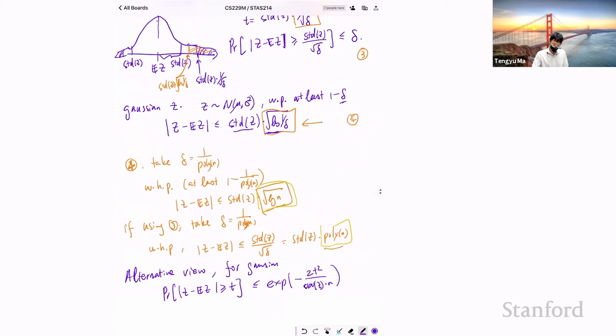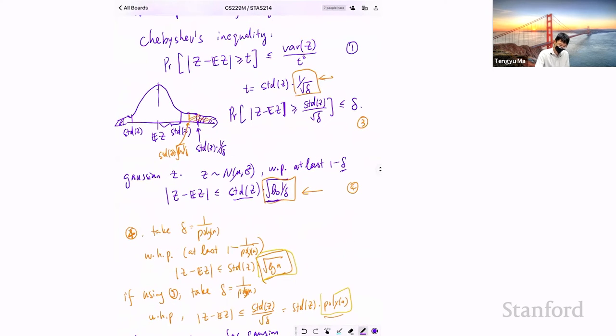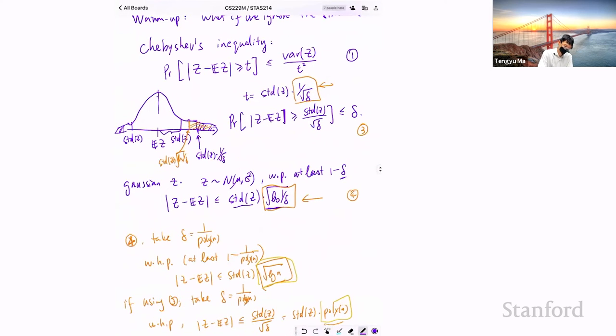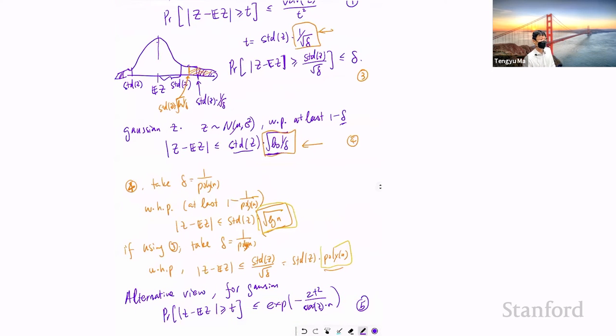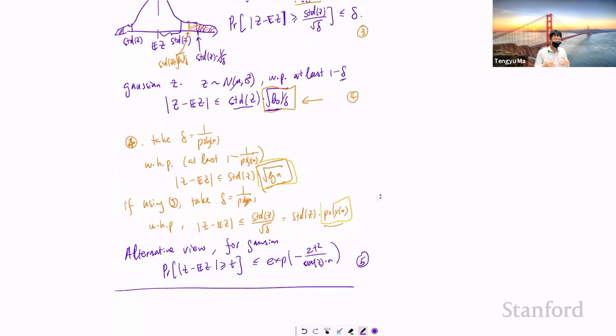Now you can compare this inequality, let's call it 5, versus the Chebyshev inequality 1. In 1, the right-hand side decays with t in a polynomial way, it's 1 over t squared. In 5, it decays exponentially fast as t goes to infinity. So that's another way to see the differences. The tail probability for a Gaussian distribution decays exponentially fast, but if you use the Chebyshev inequality, you only get a polynomially fast decaying inequality. Okay, so we're going to look for the faster tail.